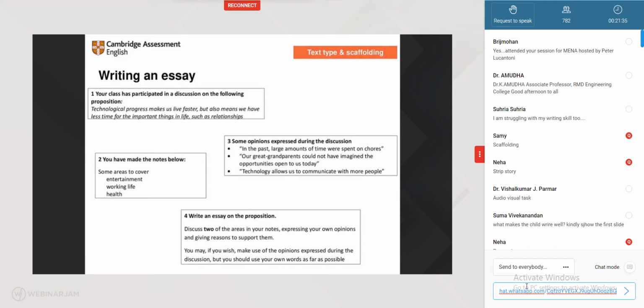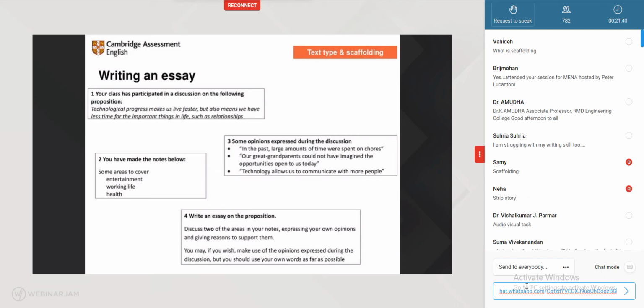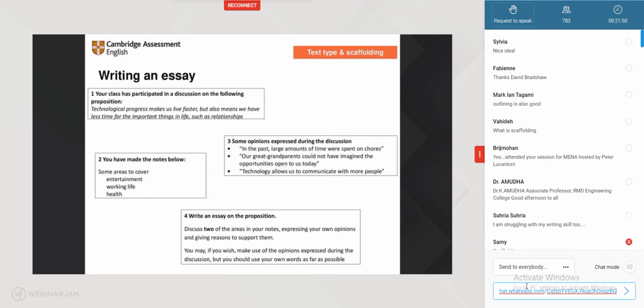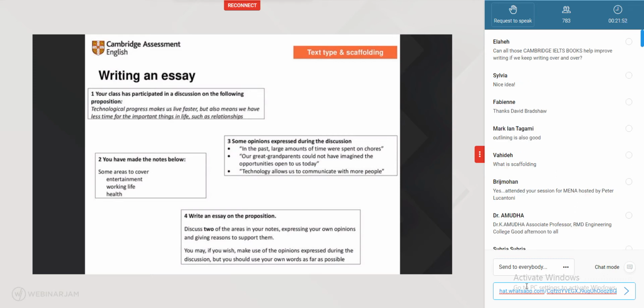And with the previous activity, hopefully some of the ideas mentioned here have already been mentioned. So this is also going to help them with vocabulary and with reasons to justify their opinions and the opinions included here. Yeah.